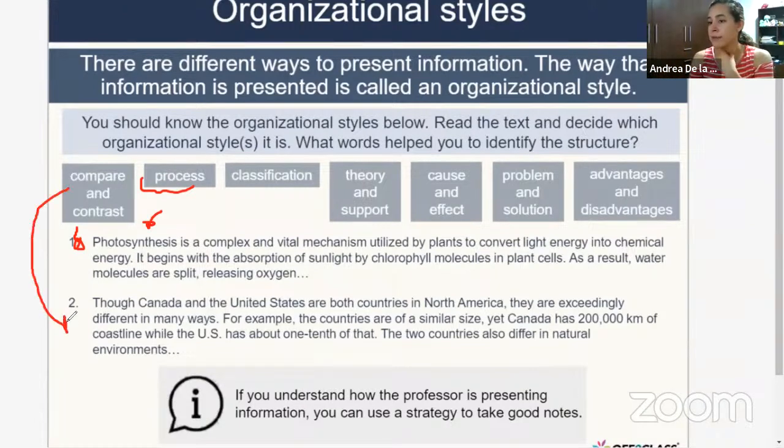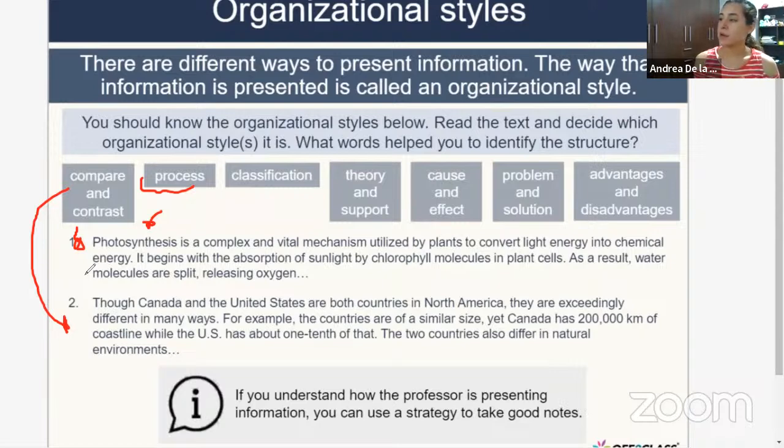Comparison and contrast, we have an example here. It says, "Though Canada and the United States are both countries in North America, they are exceedingly different in many ways. For example, the countries are of similar size, yet Canada has 200,000 kilometers of coastline, while the US has about 1/10 of that."